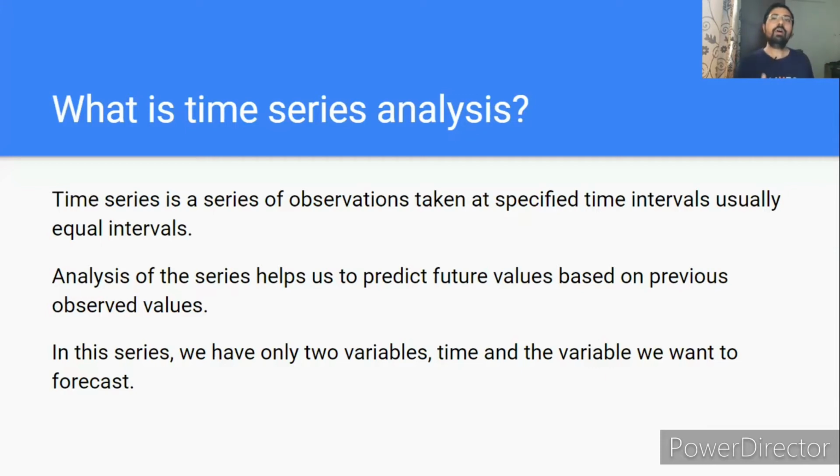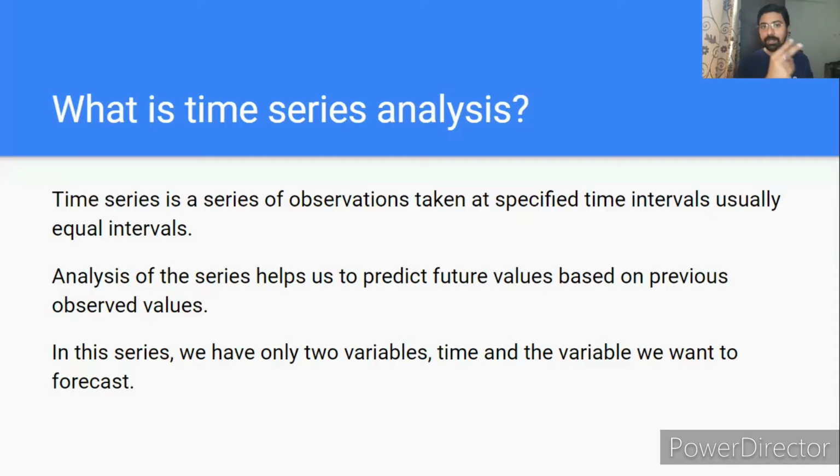These are all data taken at some interval. Interval means hourly, daily, weekly, or yearly. Any interval is fine, but if it is taken at some interval, then it's time series data.